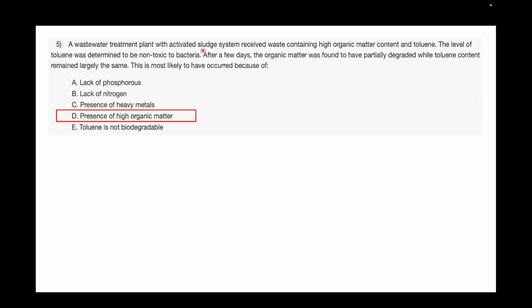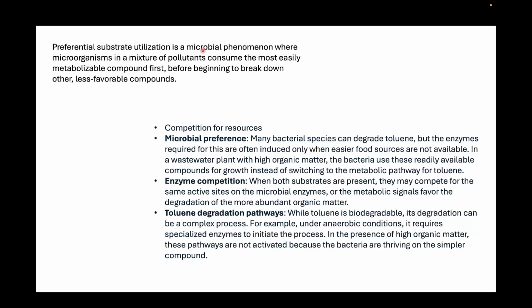Okay, let us understand what this phenomenon is. Preferential substrate utilization is a microbial phenomenon when microorganisms in a mixture of pollutants consume the most easily metabolizable compounds first before beginning to break down other less favorable compounds. Understood? This is the simplest definition.